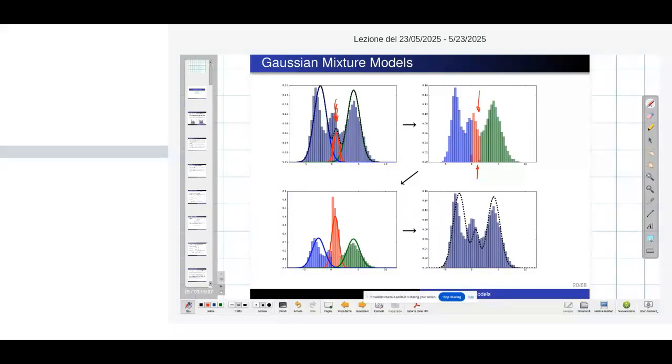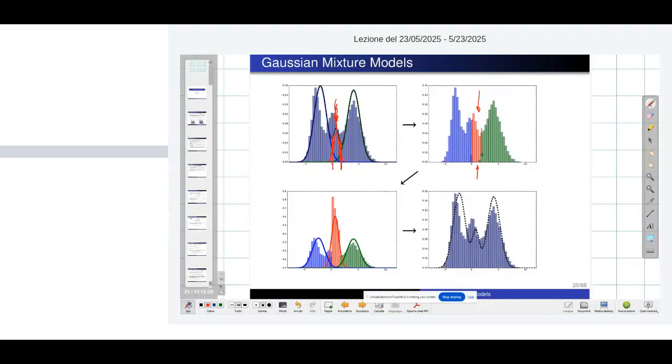In this region, the red curve is higher. The red is equal to the joint, so Wi times the Gaussian for the red. The joint is proportional to the class posterior, so the winner is the curve that is higher in this plot. Everything where red is taller than the other two will be assigned to red.